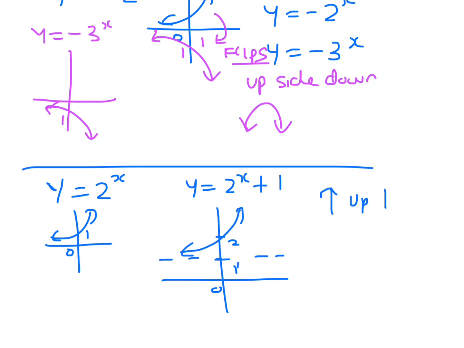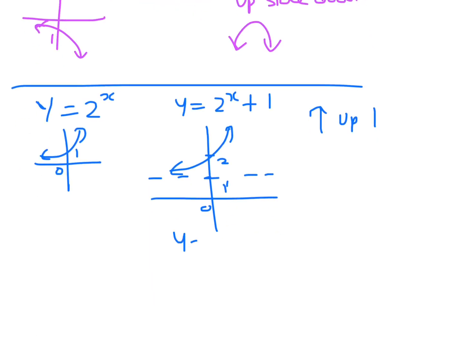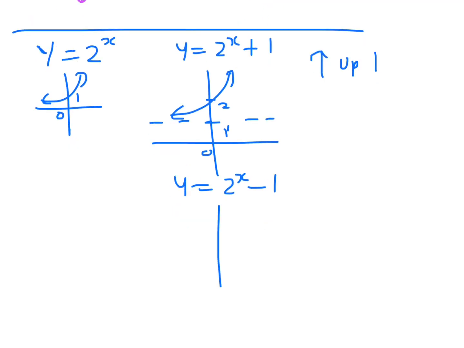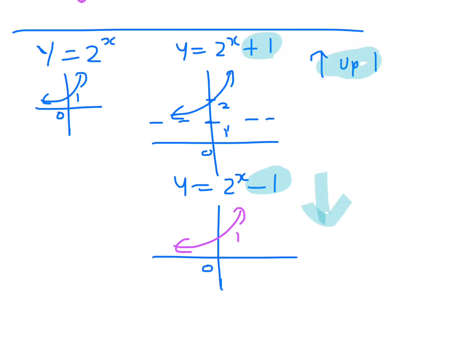And it'll look like that. Okay? If you have y equals 2 to the x and you minus 1, so normally, this is the normal one, I'll do it in pink, it goes like that. If you have minus 1, that number at the end, the minus 1, that will make it go down 1, whereas the plus 1 makes it go up 1.